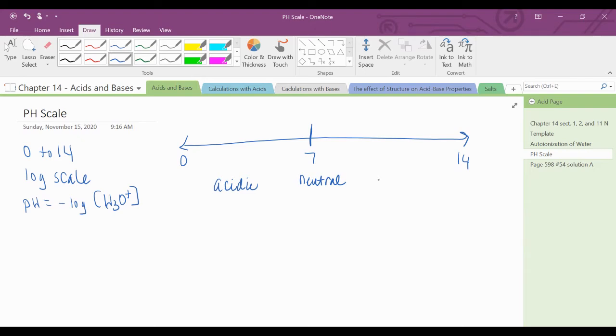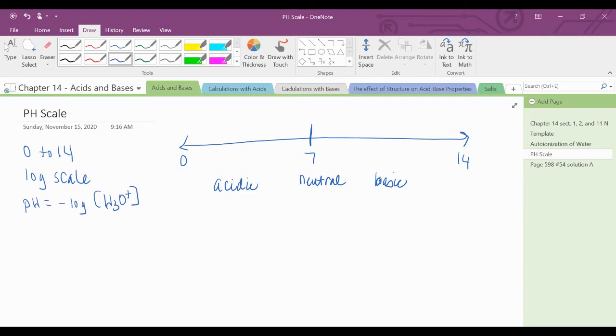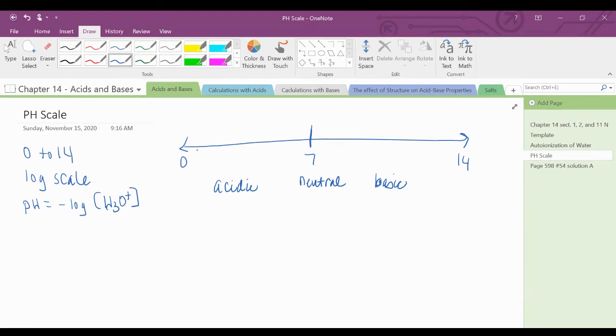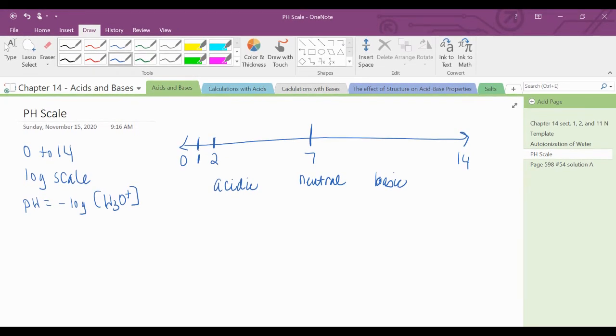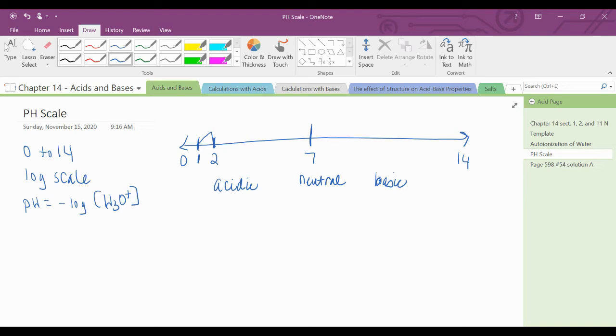And if I have anything greater than 7, it is basic on my pH scale. Okay. All right, now remember that this is based upon powers of 10. So if I change by one value on the pH scale, this is actually a 10-fold change in concentration.